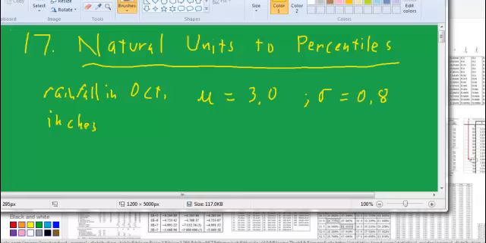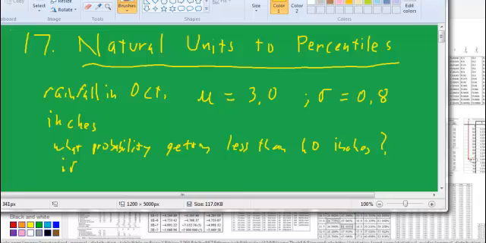And when we ask a question about percentiles, it might be, what is the probability of getting less than 1.0 inches?